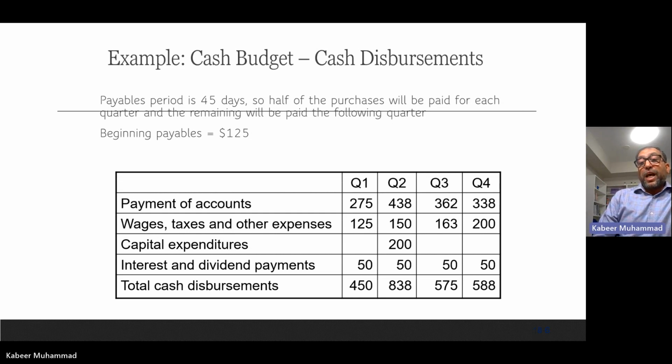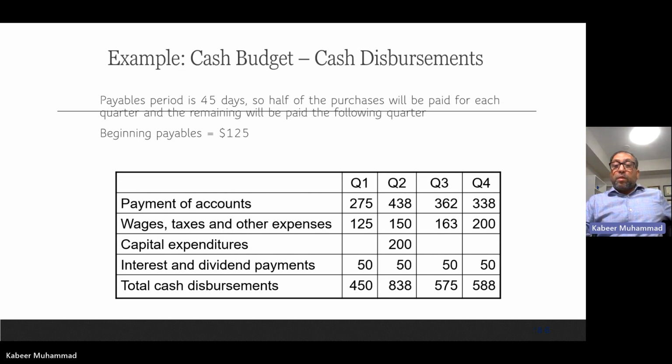That's a cash outflow. So we calculated cash inflow, which is from the receipt from revenue, sales, and collection from the accounts receivable, because we are assuming that all the sales are on credit. So the cash inflow is all from collection of accounts receivable.